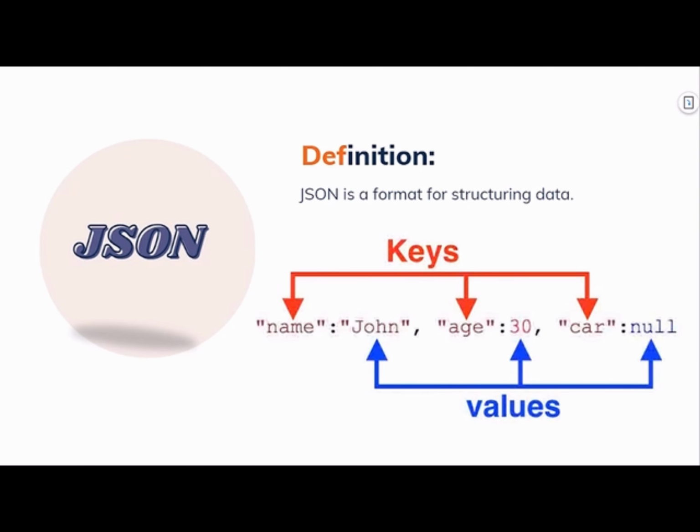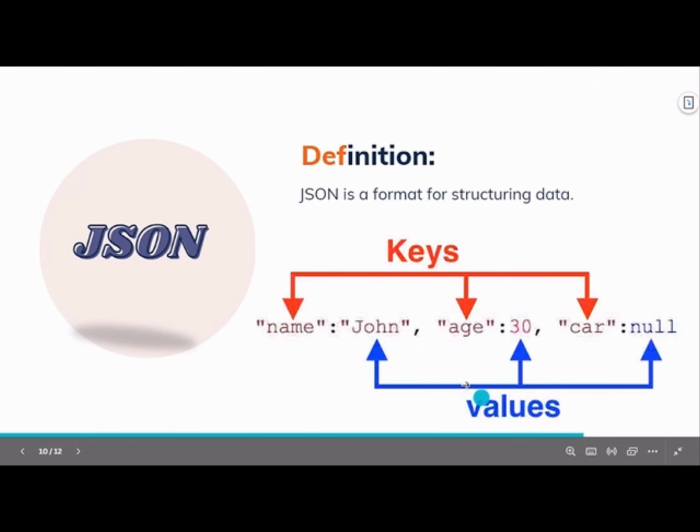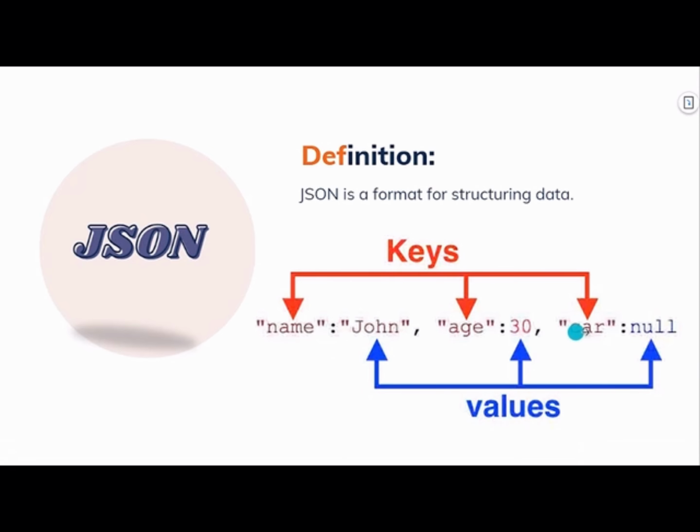And coming to JSON, JSON is a format for structuring data. It is actually JavaScript Object Notation. It creates a format to make the data in a structured form. So see here, you are able to see these key value pairs, right? If we have only values, we won't understand properly, right?